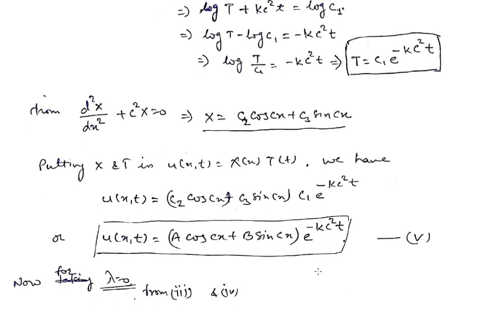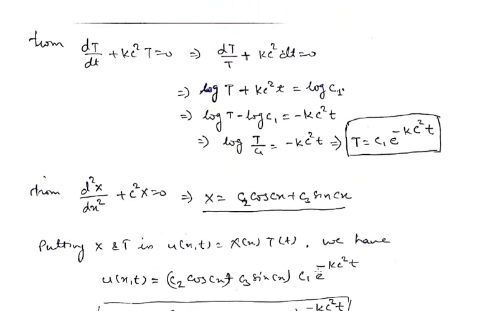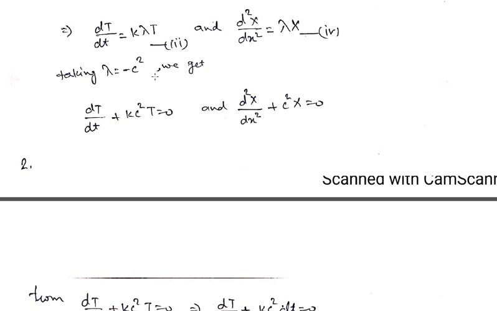Now if we take the value of lambda as 0, in that case in equations 3rd and 4th, if we put lambda equals 0, it gives us dT/dt equals 0. It means T equals some constant. From here d²X/dx² equals 0. It gives us a linear equation.